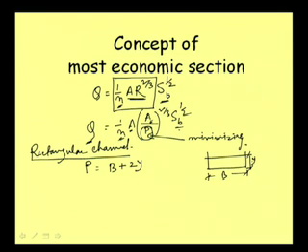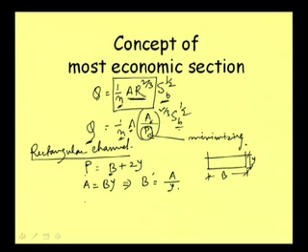Of course, we want to minimize this P, and for that we want to see how we can express B, because our area is important at this point. Area is equal to B into y, so this implies that B we can express as area by y.